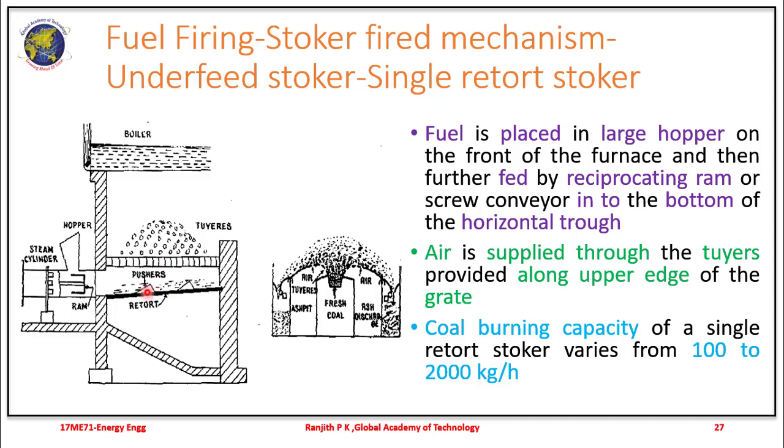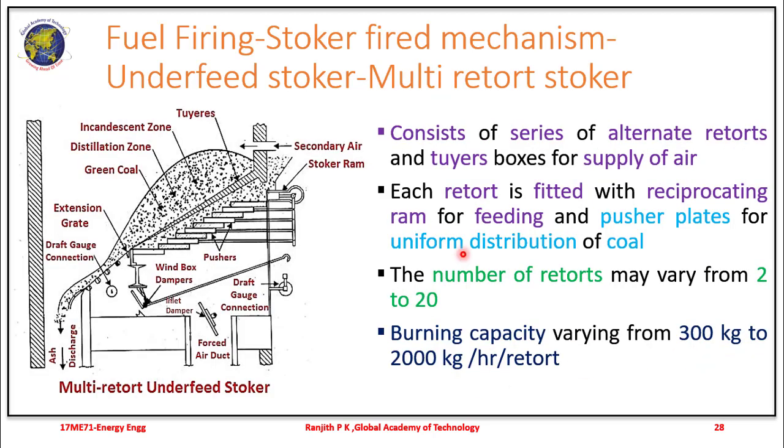So from the retort there is the air. There are pushers placed at certain distances so that the coal that is fed onto the retort is pushed evenly onto the retort here, and it burns. And the coal burning capacity of a single retort stoker varies from 100 to 2000 kg per hour.